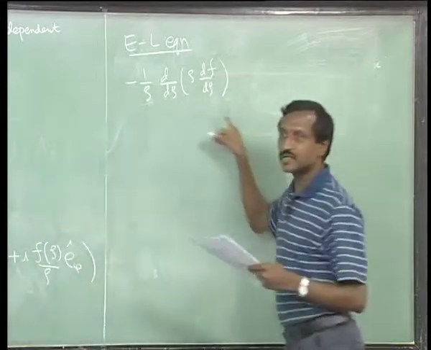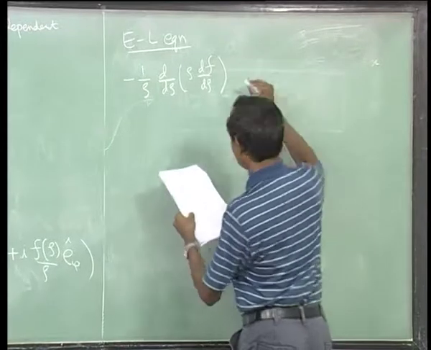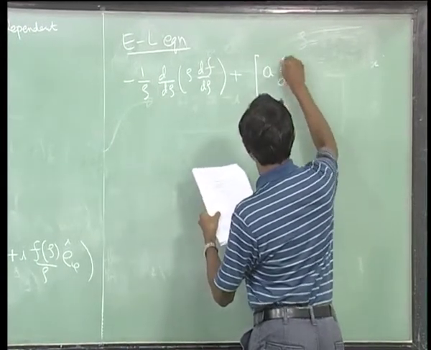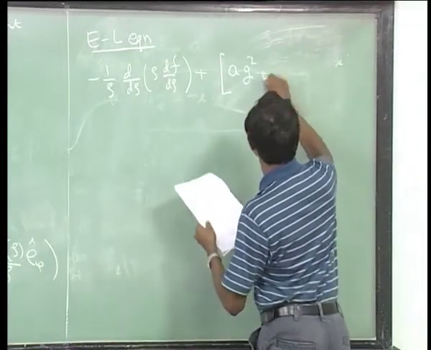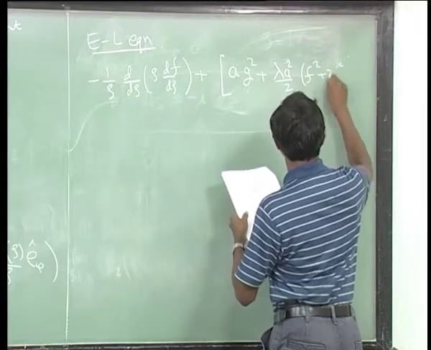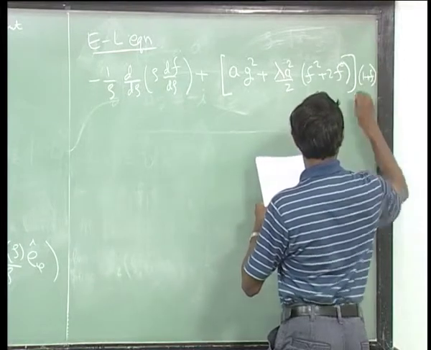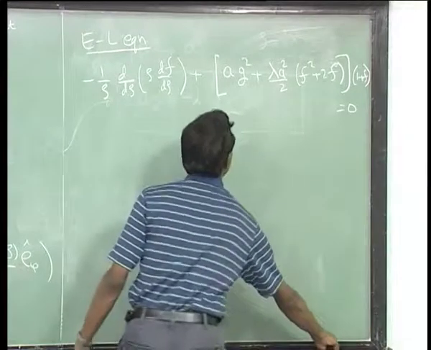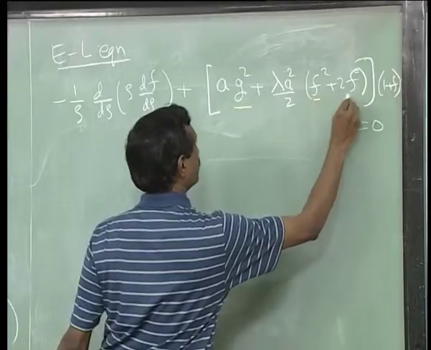So this is the Euler-Lagrange equation for phi. You can see that it appears with 2 derivatives acting on f, but now the interactions take over. So you see you got a nonlinear piece g square. Let us look at the nonlinear terms.